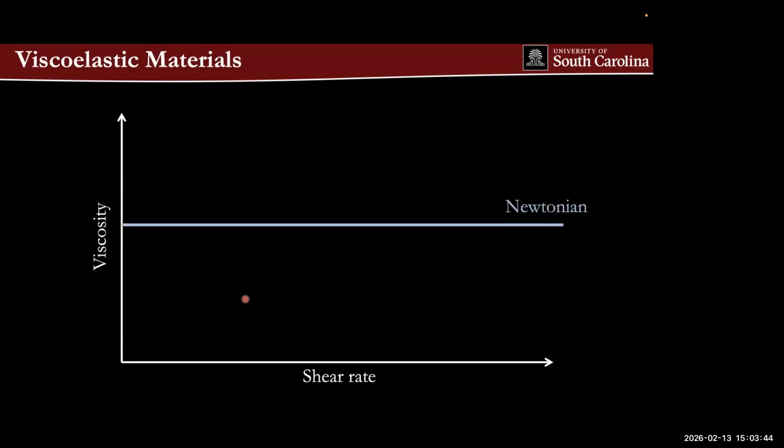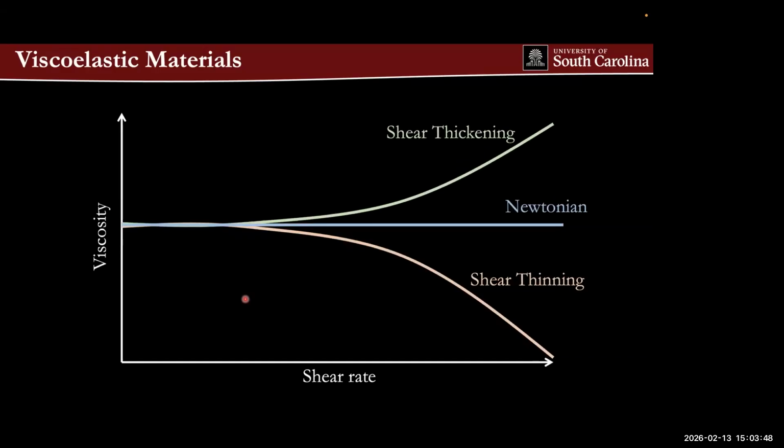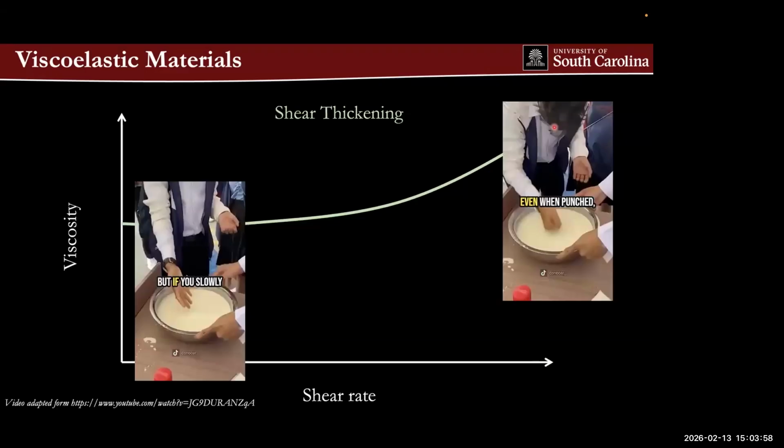If you want to go the other way, we also have what we call shear thickening. It's the opposite. Low shear behaves like a low viscosity material, and high shear behaves like a hard, thick material. The best example of that is cornstarch and water, and again, this is something that can be done in class.